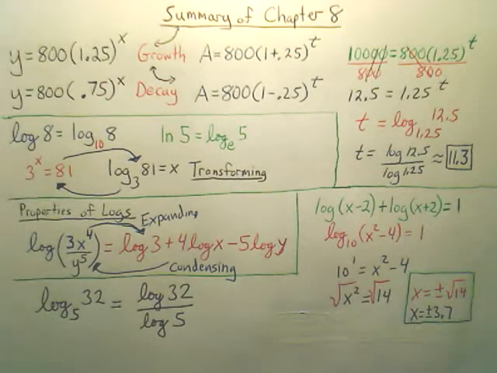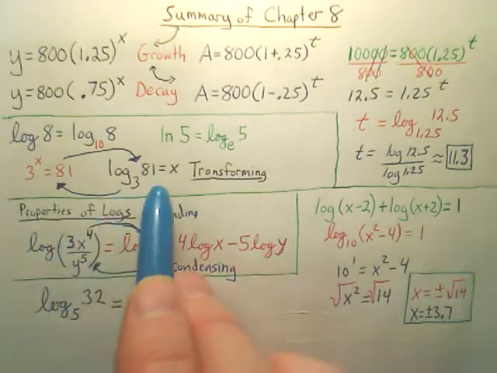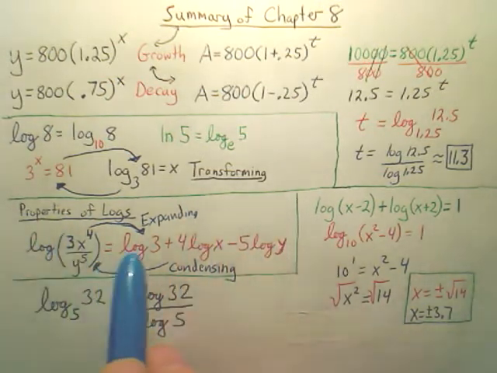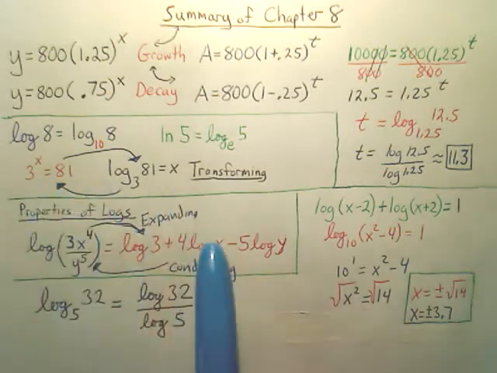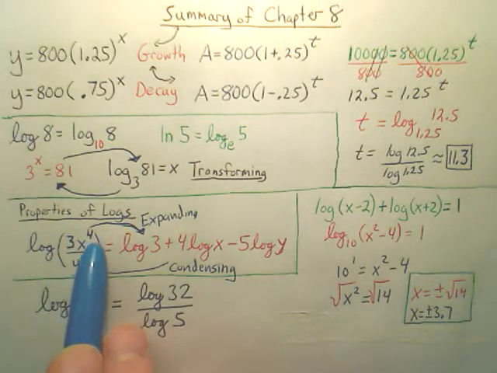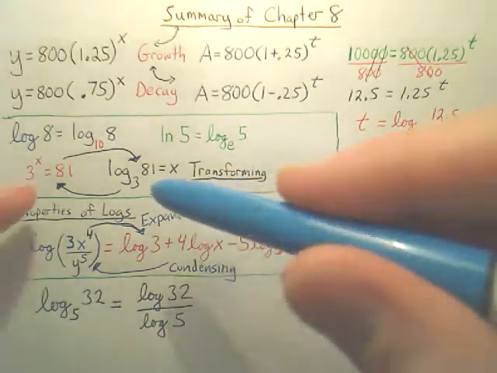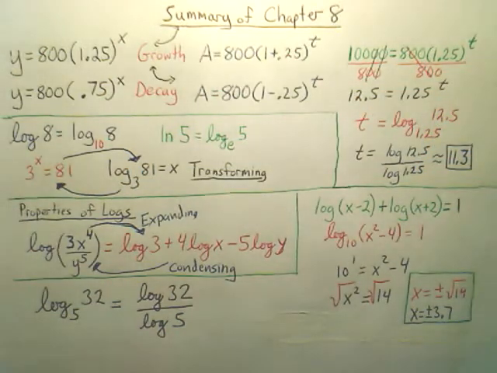So we went from expanding to condensing, and we go back and forth. Just like we went back and forth on transforming it, we have to learn to expand it and condense it back. Because if you do one thing, you have to undo it. So the way we learn the properties of logs, because we use logs, we then have to learn how to use the basic premises of a log.